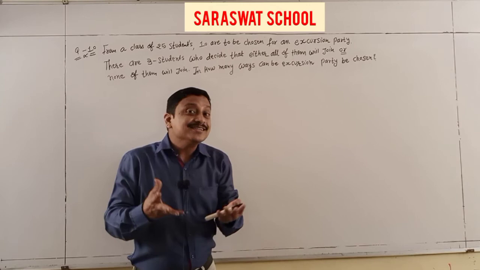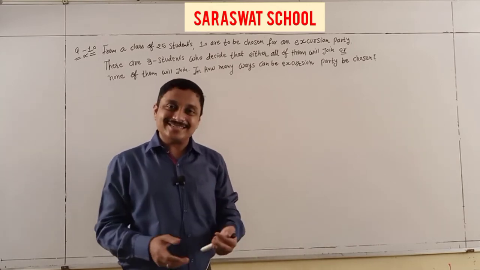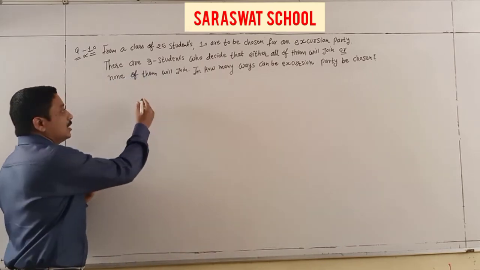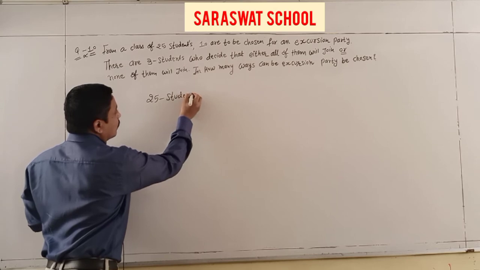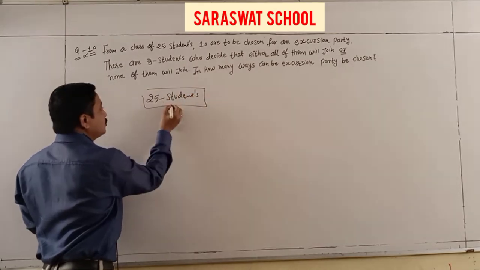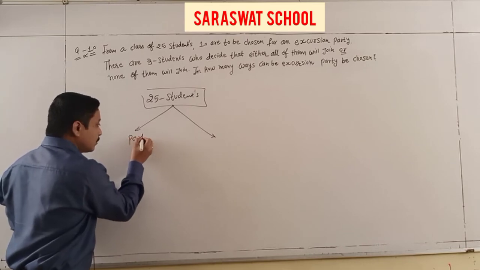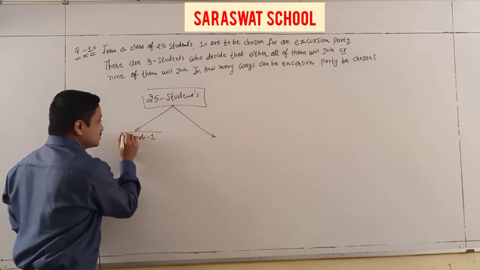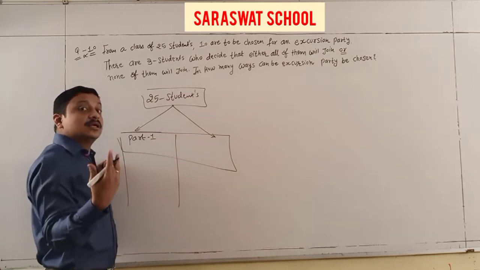Chosen means selection. Selection means combinations. Yes, students, here I go to our total 25 students. I just convert them into 2 parts. One part is the special 3 students. The other part is the students other than those 3.